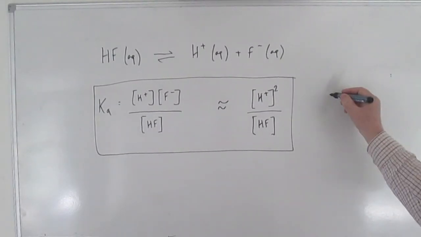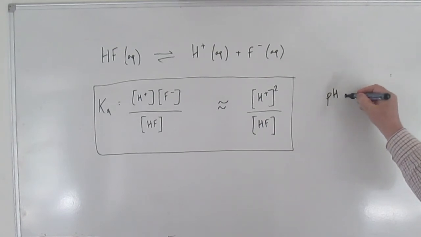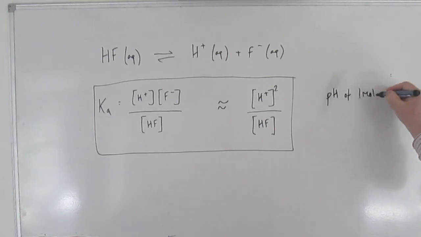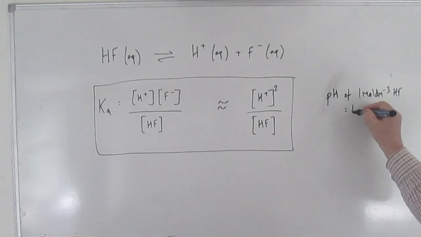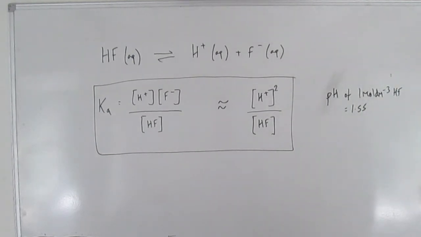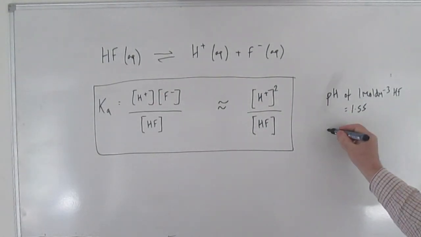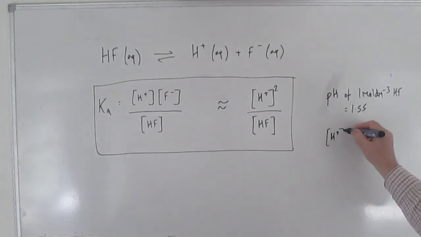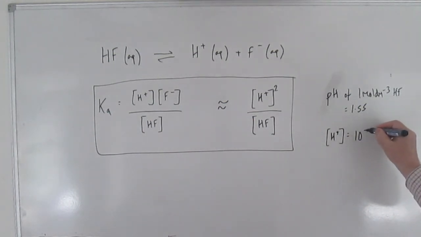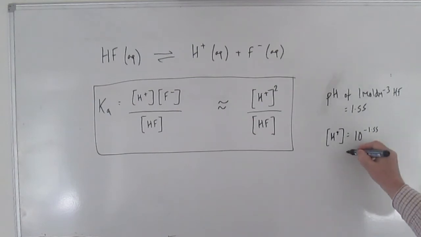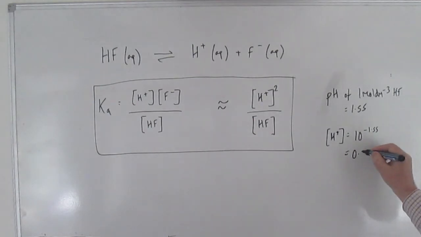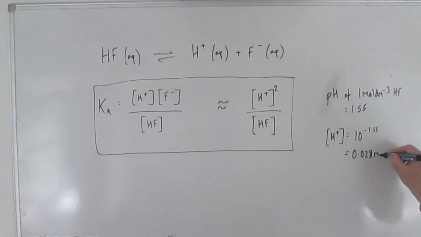So we had before our experimental result that the pH of 1 mole per dm cubed HF is 1.55. So we can work backwards from that to figure out what Ka is. Therefore, if we turn that into the H plus concentration, we already did this, I think, is 10 to the minus 1.55, which is 0.028 moles per dm cubed.